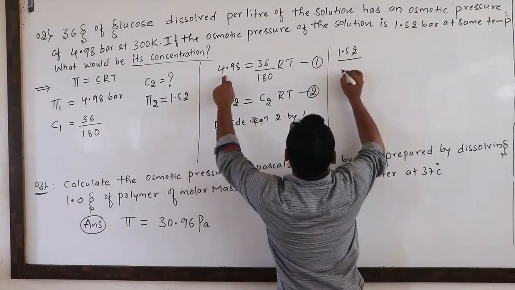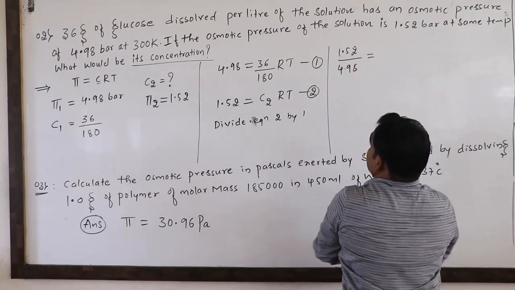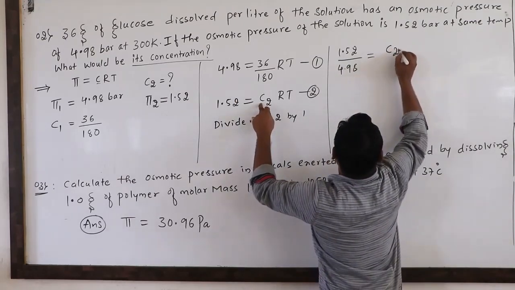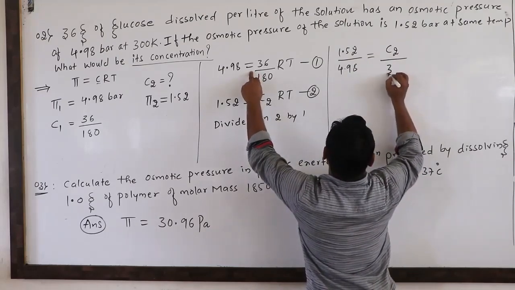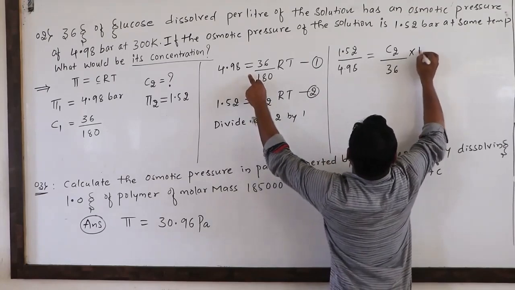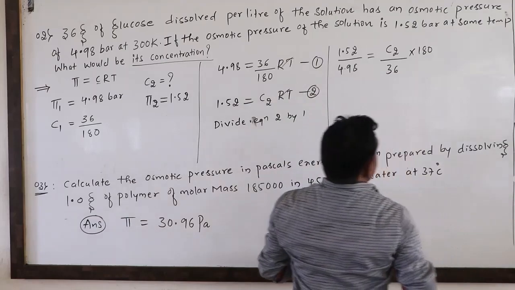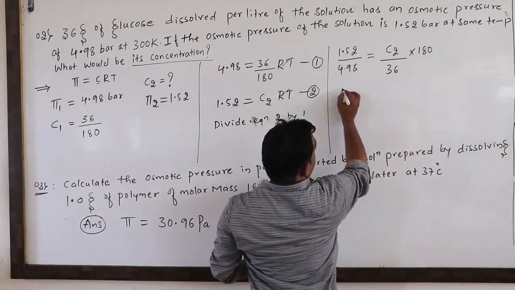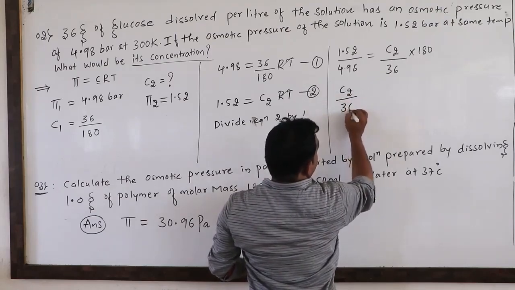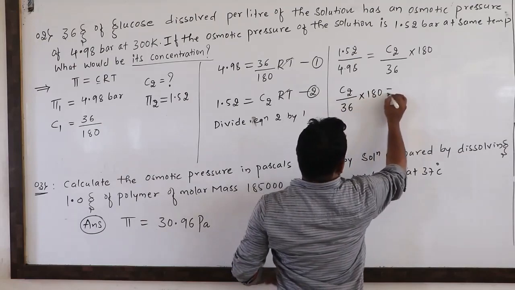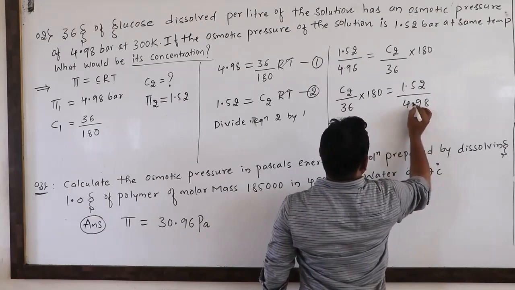Now 2 by 1 means we get 1.52 divided by 4.98 is equal to C2 divided by C1. C1 is 36 divided by 180. This RT gets cancelled here. So C2 divided by 36 by 180 is equal to 1.52 by 4.98.